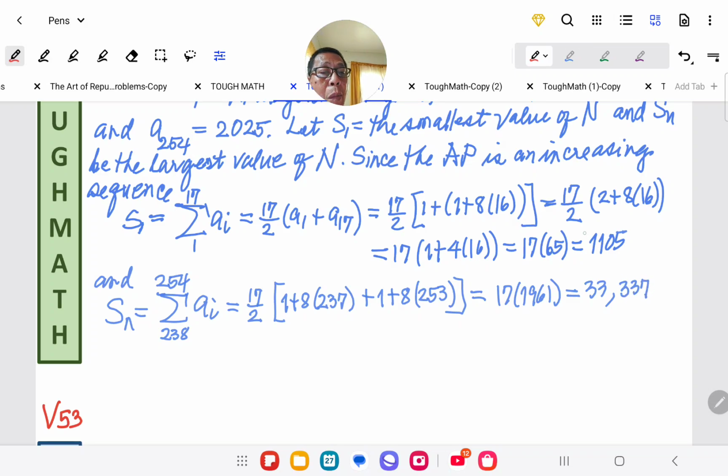So these are our smallest and largest values of n. So the question now is, how many other values are between these two values?